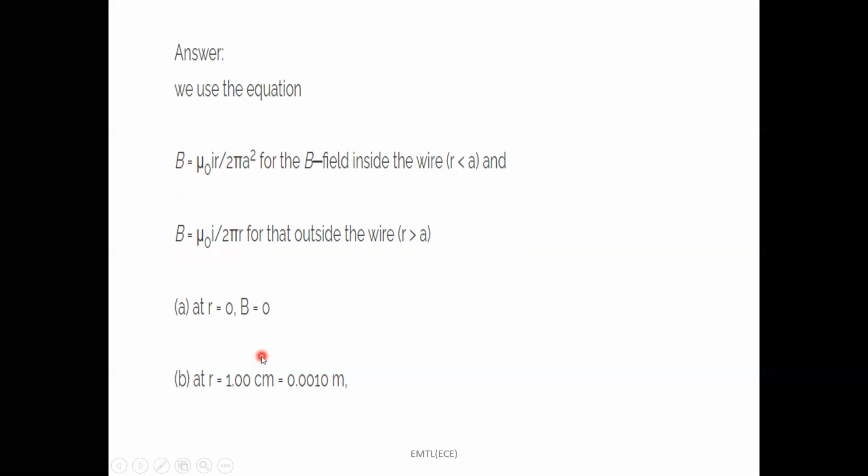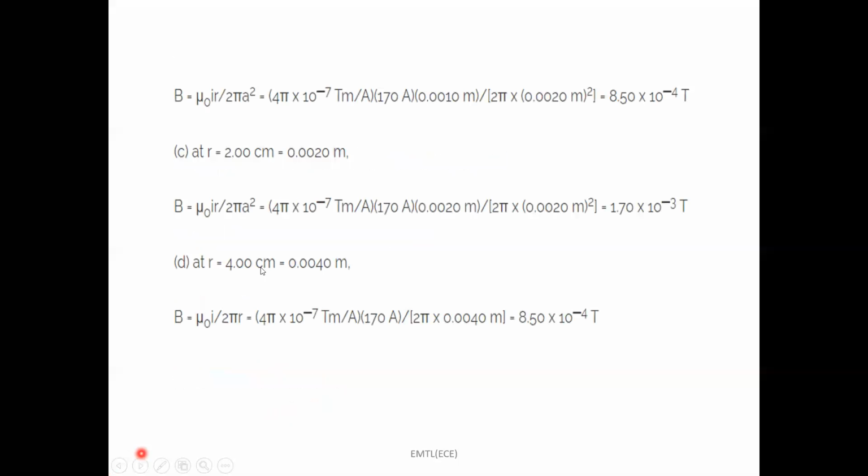Similarly, at r is equal to 1.00 centimeters, that is 0.0010 meters. Now substitute the values of r and a here: B is equal to mu naught I r by 2 pi a square.